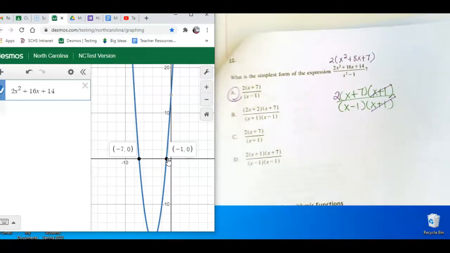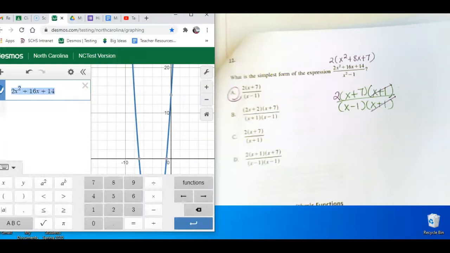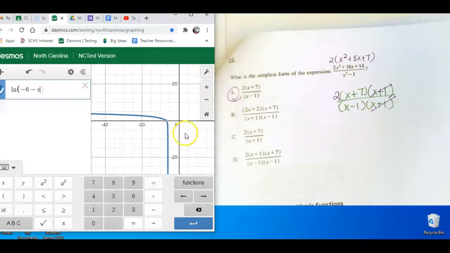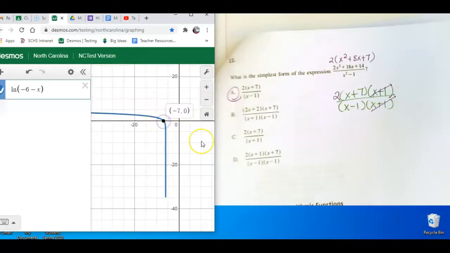Okay, number 12 is asking us about the domain. So we're going to graph natural log of negative 6 minus x. Alright, there's sort of what the graph looks like. It's asking about the domain.